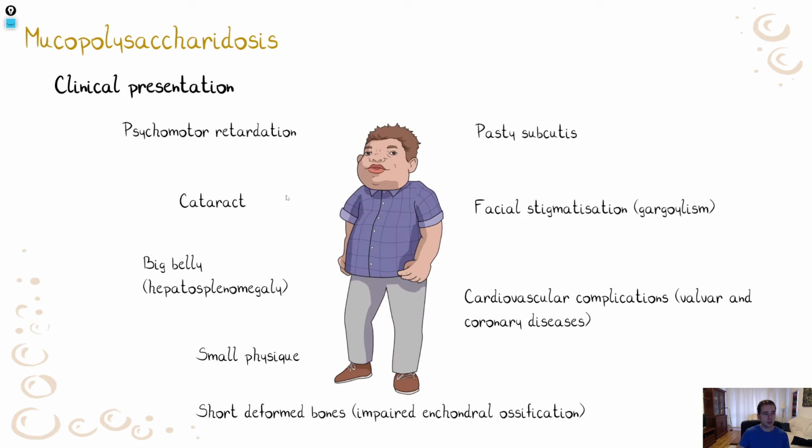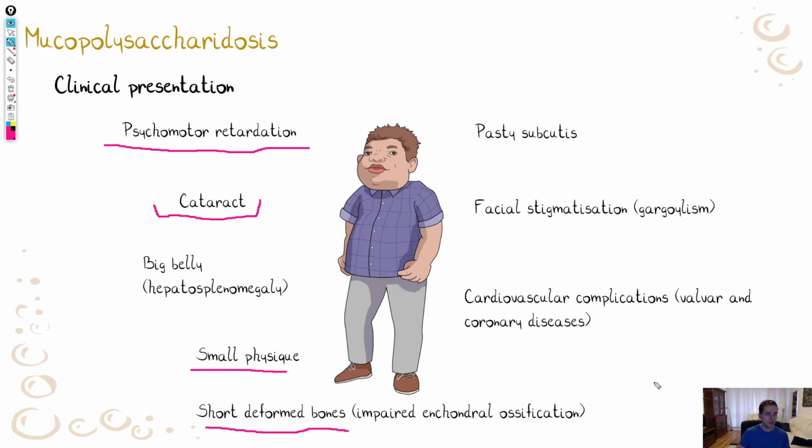The clinical presentation of patients with mucopolysaccharidosis is very typical. Usually there is a psychomotor retardation, and also those patients are prone to accelerated cataract. They are small, with short deformed bones, because there is impaired endochondral ossification.